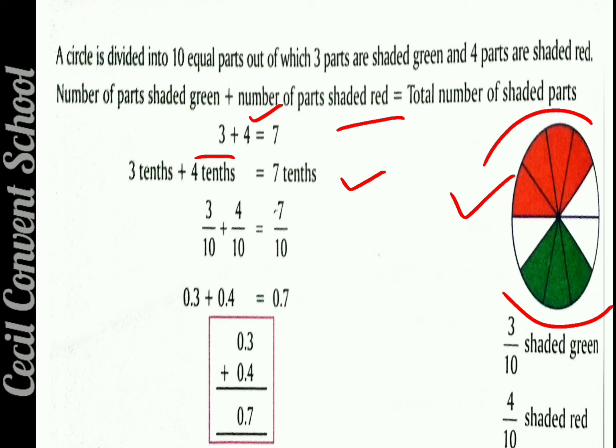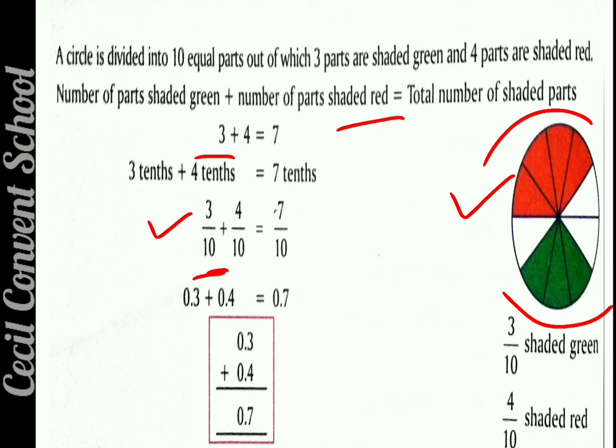Clear? So how have I added it? Firstly, 3/10 is written in fraction form. If I want to write this fraction in decimal form, how can I write it? Down in 3/10 there is 1 0, which means the decimal will come after one digit.